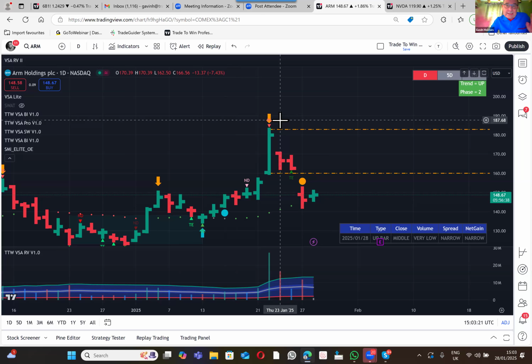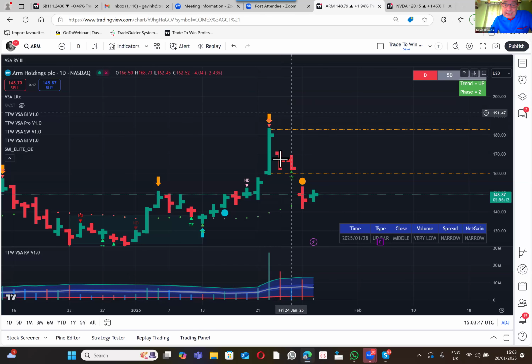So let's look at logic. I just watched a great program with Stephen Hawking, and he talked about physics, logic. Anything you want to do in life is logical. Logic tells me that if that was all buying, the next bar should close higher, right? That's logical. It didn't. The next bar closed lower.